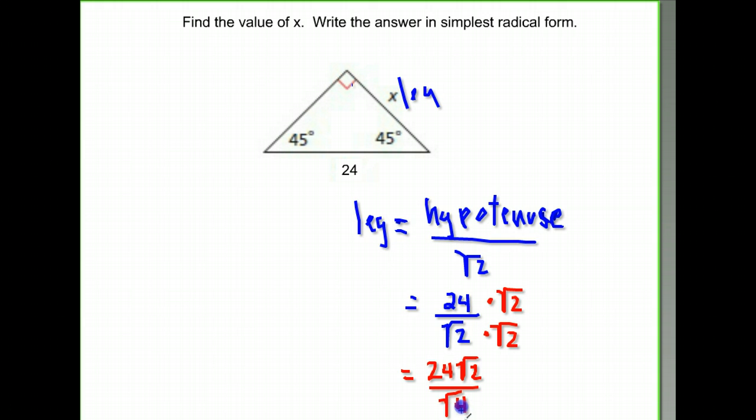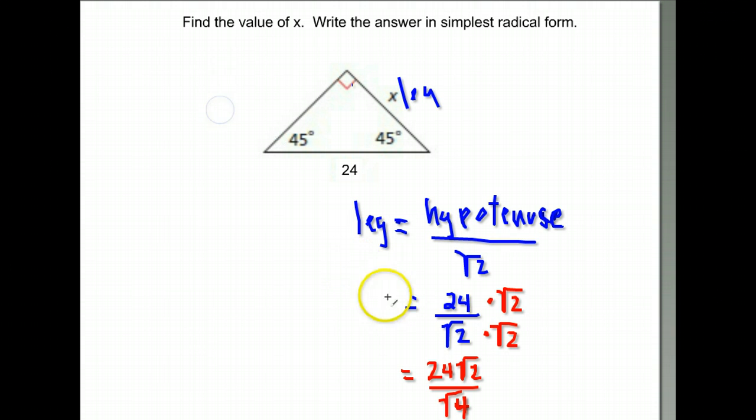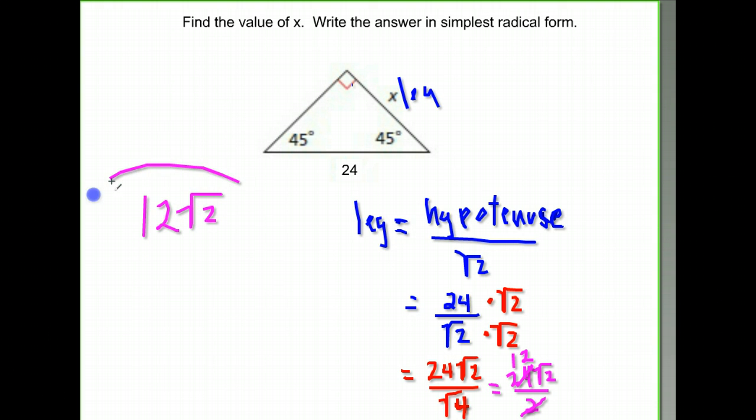And after you've done this a couple of times, you may take a few shortcuts. I have to keep going because I can find the square root of 4. The square root of 4 is 2. So now I have 24 root 2 over 2, and then 2 goes into 24 12 times. So I end up with the answer 12 root 2.